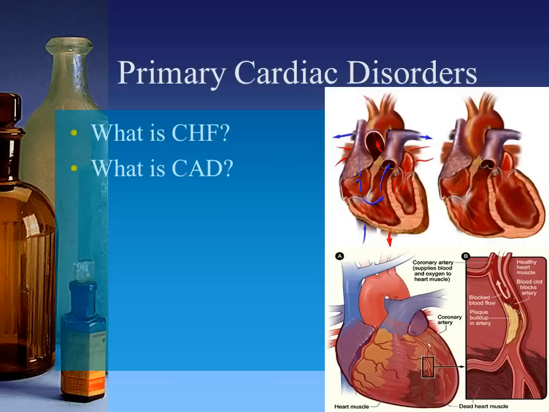The second common disorder that we deal with in cardiology is that of CAD. And what's CAD? Coronary artery disease. Coronary artery disease is that case, as you see in our picture of B, whereby the arteries become blocked, and we're talking specifically the coronary arteries that supply blood to the heart.